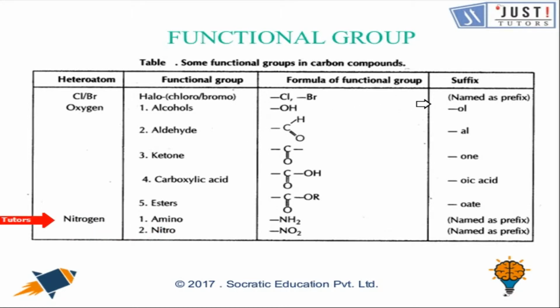These are the suffixes, like how we pronounce the name after the carbon compounds are bonded with these functional groups. We will talk about that as well maybe in the next video. So now let's move on.